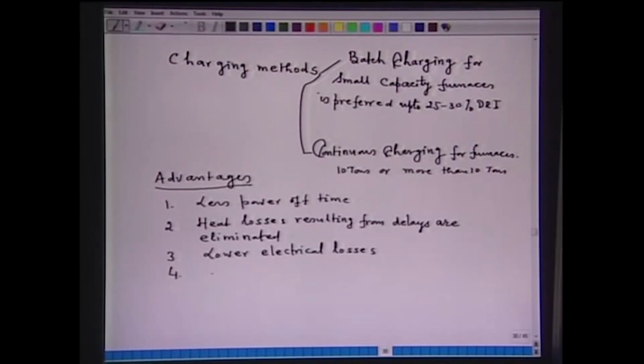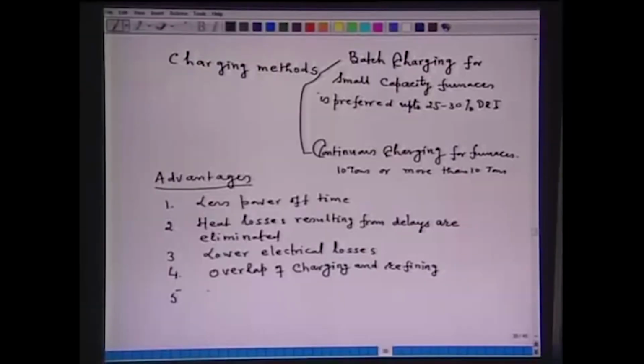Fourth, overlap of charging and refining. What does it mean? That means both charging and refining can be carried out simultaneously, because the process is on, charging is continuous.